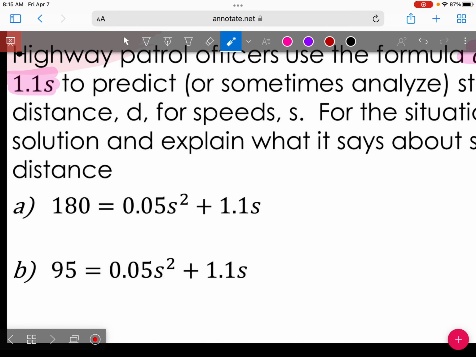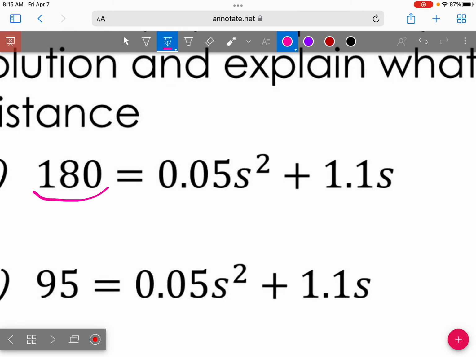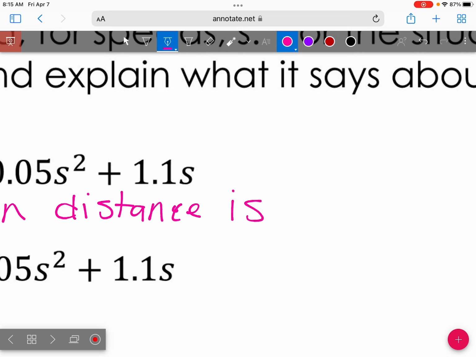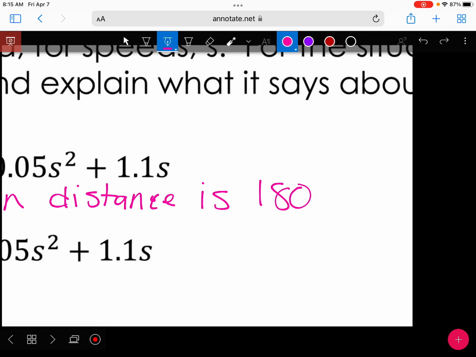The distance. So when distance is 180, we could solve to find out what the speed is, which is exactly what we're asked to do.